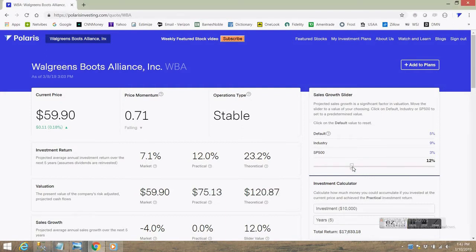So as you, the user, move the sales growth slider around, and assuming that after a lot of careful analysis you determine some growth rate that you think is valid for the company, the magnitude of that growth rate is really setting the ballpark in terms of what likely sales growth is going to be.